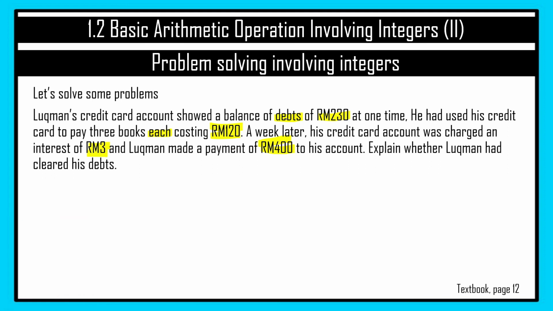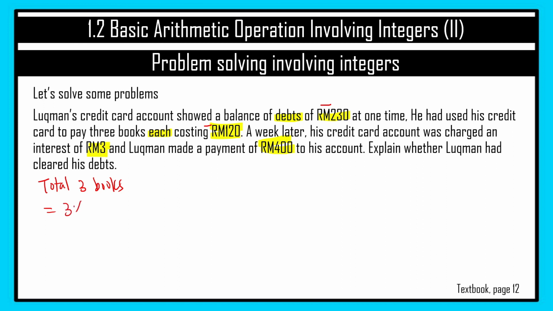Okay, so debt shows it is a negative number. So 230 is already a negative. And then he used his credit card to pay. One book is 120, so a total of 3 books, because this is to his credit card, it is a negative.